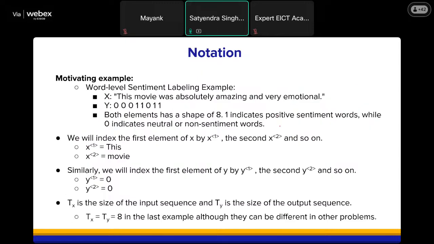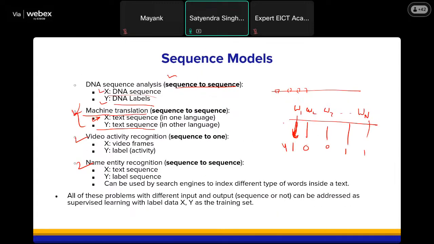Based on that, you have different RNN architectures called one to many, where your input is one and output is many, many to one, and many to many.